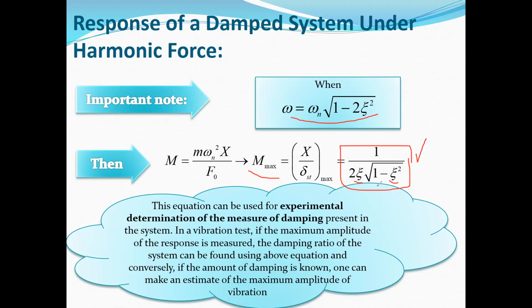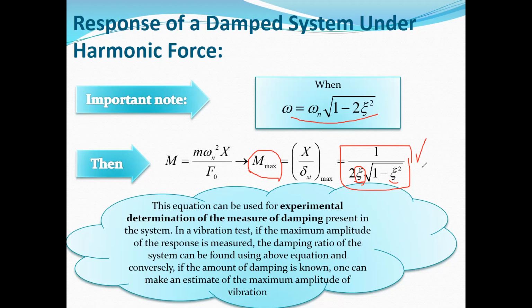According to the response, you can find the maximum value for the amplitude, the M max. When you have the maximum amplitude ratio, you can substitute it into this equation and find psi, the damping ratio. So this is very important for obtaining the damping characteristics of your system when you don't have any information about its damping.